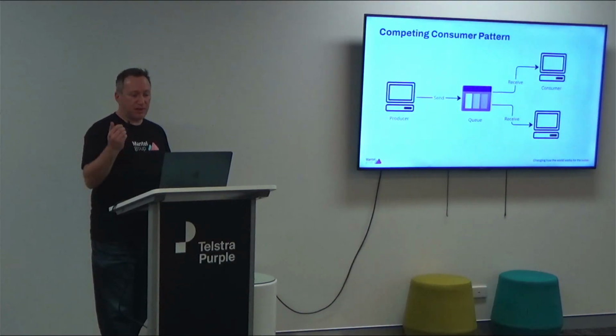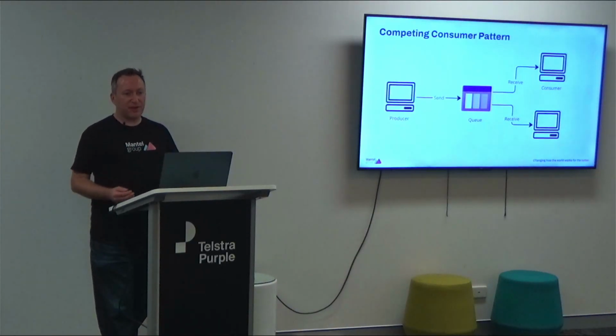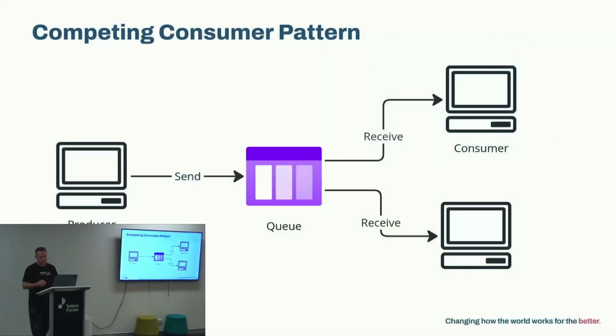But if the consumer comes back to the queue provider and says, yep, I've processed that message, you can take it off, it'll then take it off the queue and the other consumers will no longer see it. So you place a lock and work on the message. If that times out, it will go back on the queue, or if you say it failed, it'll go back on the queue. But if you have finished it, you'll receive it, it's now gone, and the other consumers don't see it.